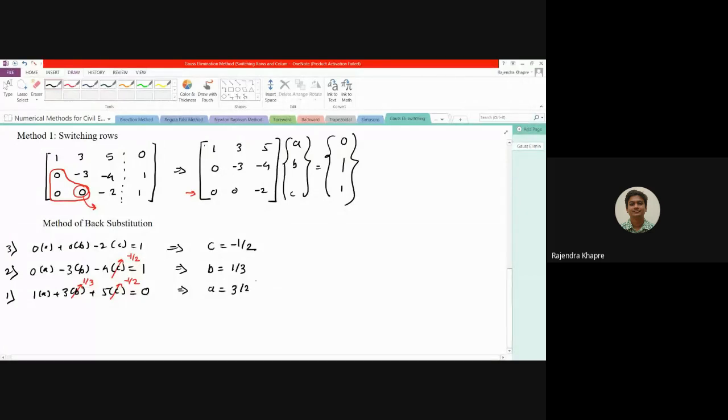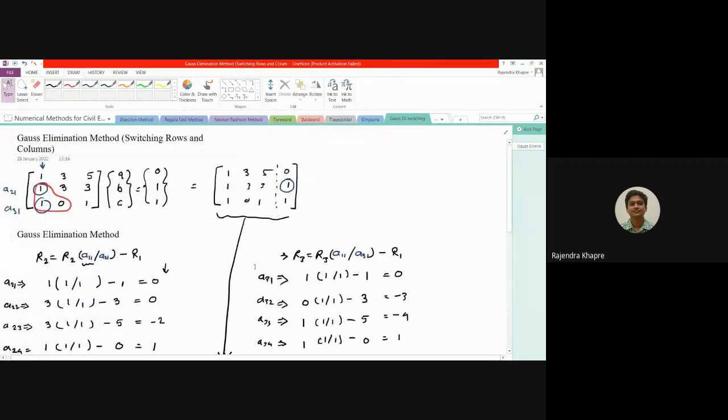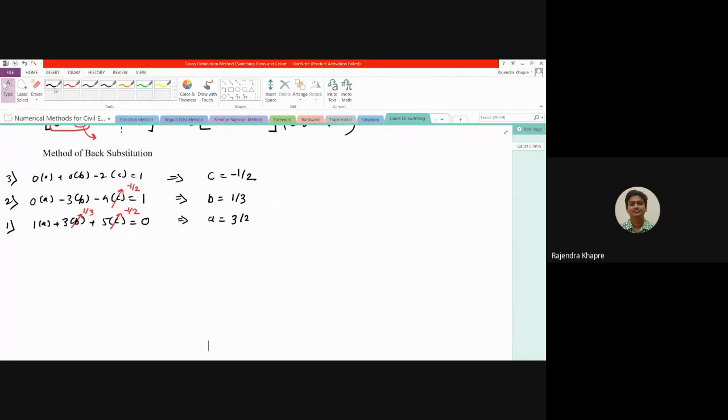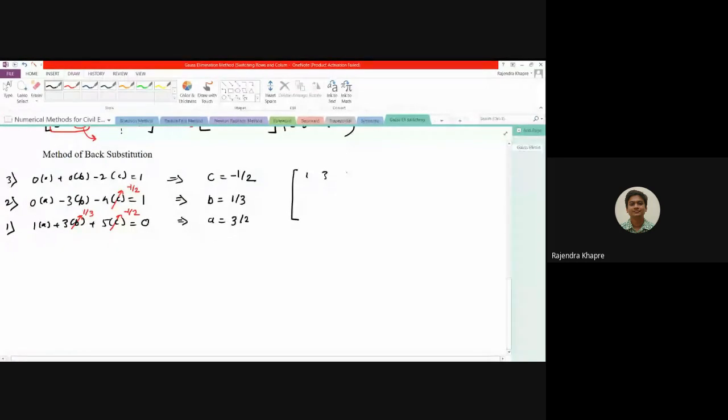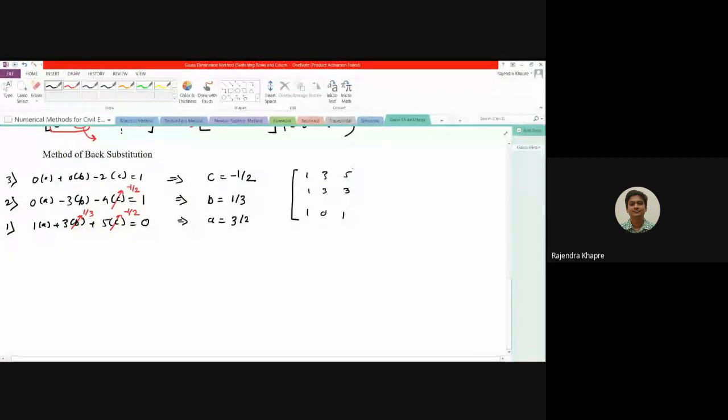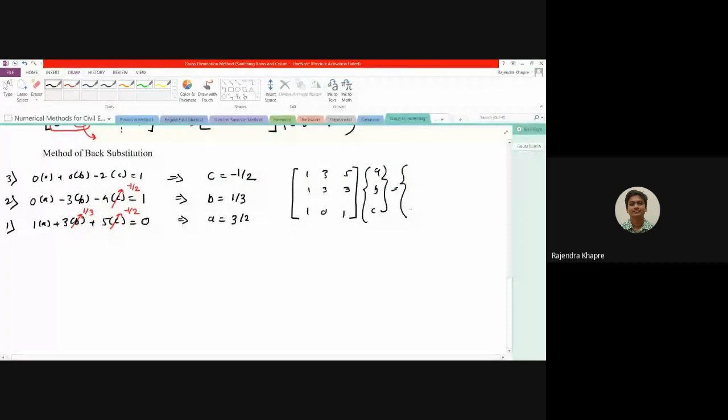If you want to check the answers, this is our original matrix. Let me write down the original matrix for you, just next to this one. So the original problem was like this: 1, 3, 5, then 1, 3, 3, then 1, 0 and 1. This is multiplied by a, b and c, and this should equal 0, 1 and 1.